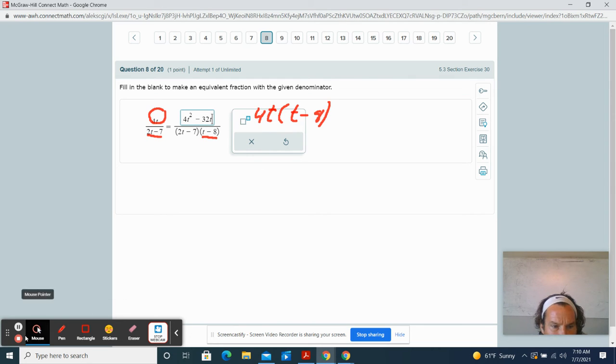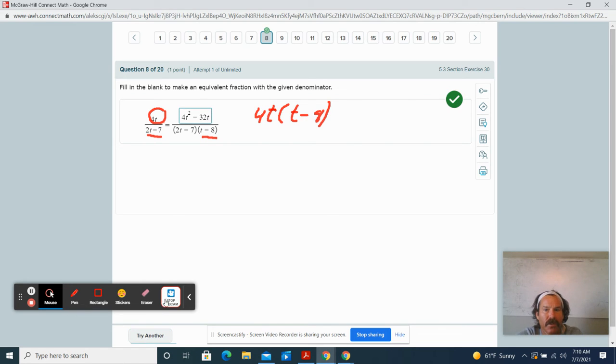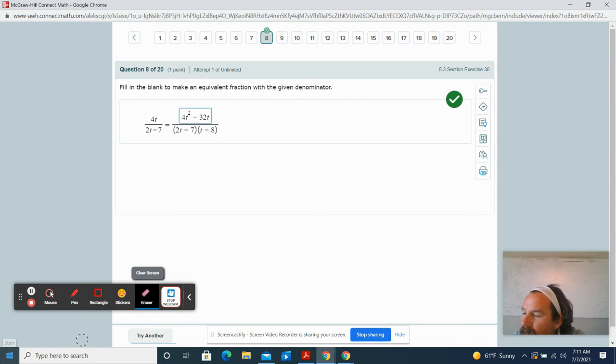Let me see if I check my answer. This should give me a green check mark here. There we go. Okay, so make sure you multiply these out, unless you can find a way of putting the parentheses in there, but I went ahead and multiplied it out. Clear my screen.